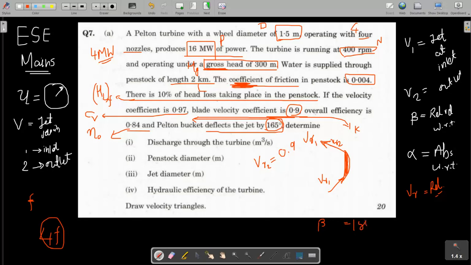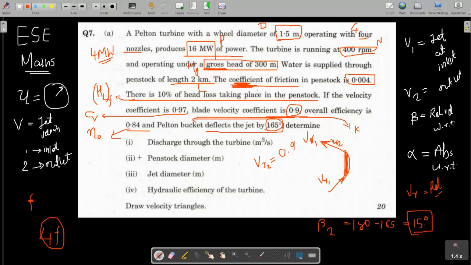After subtraction it will give the beta 2 angle at the outlet, that means the angle made by relative velocity with respect to the direction in which the runner is moving. So this is 15 degrees. Sorry, not Celsius, my mistake, thermodynamics came to my mind. So 15 degrees is the outlet angle beta 2 with relative velocity.